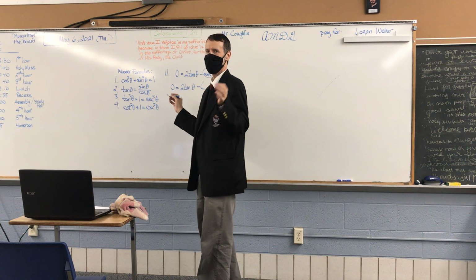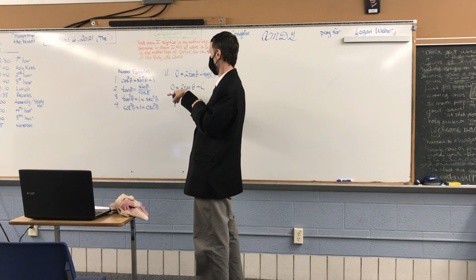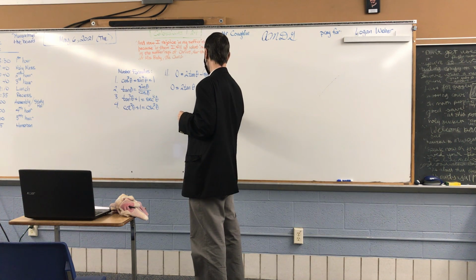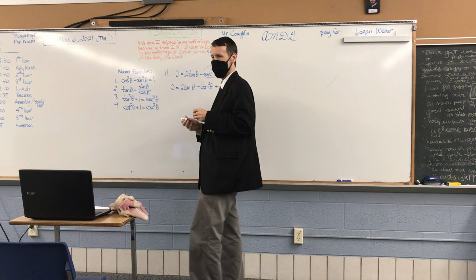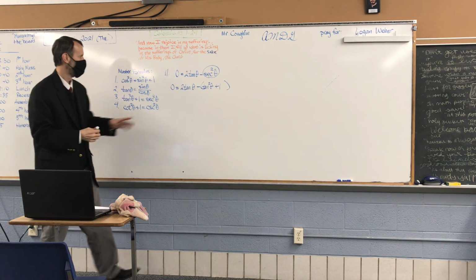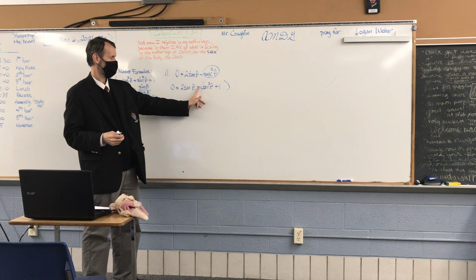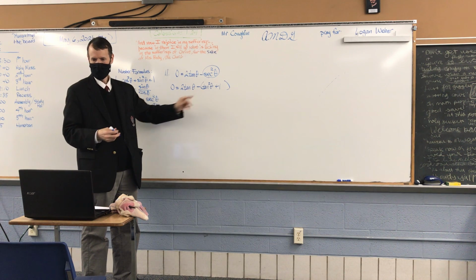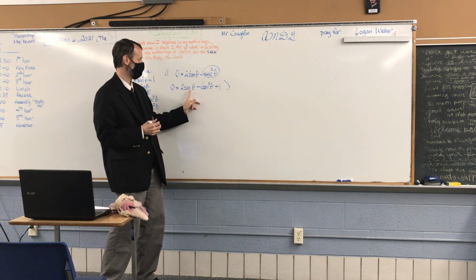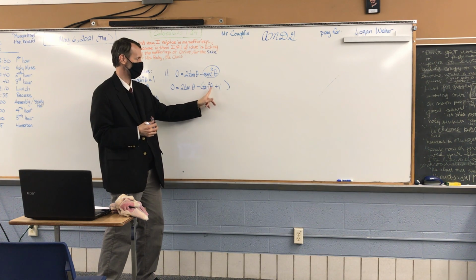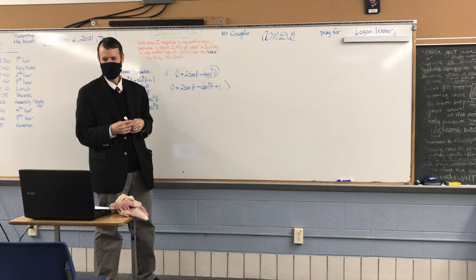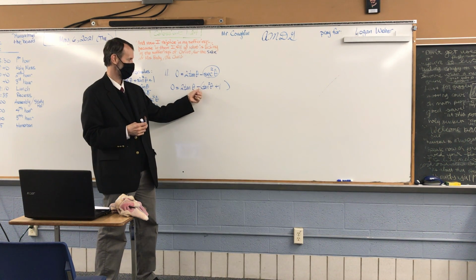What is secant squared? Tangent squared plus 1. Can somebody simplify that for me? Sam, help me out here. How do you simplify this? It's 2 tangent of theta minus tangent squared of theta plus 1 in the parentheses.